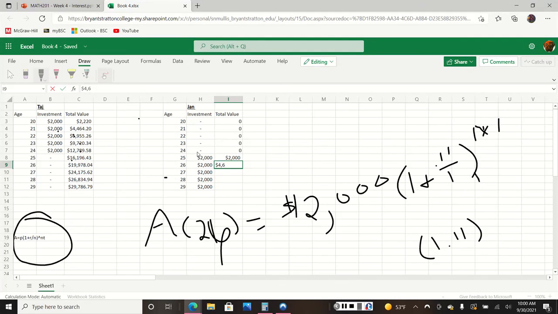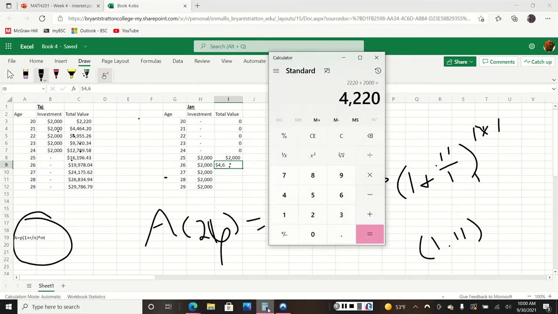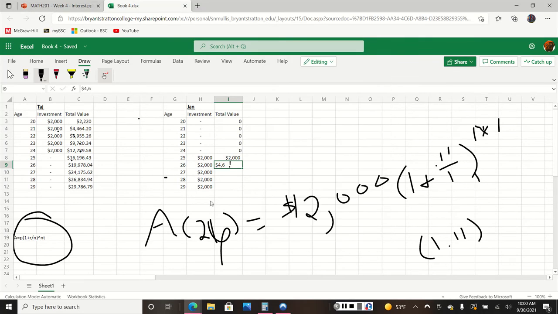So at age 26, she has 4,400. Hold on, let me make sure I have that number right. $4,220.